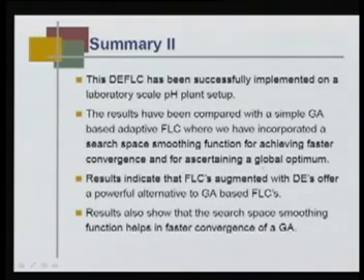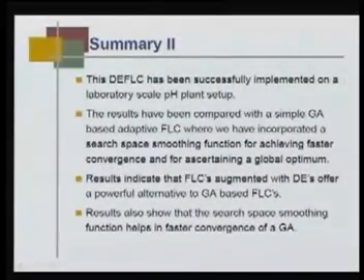You see that today DE is compared with SGA, but SGA has been augmented with search space smoothing. Still DE is better than SGA. Results indicate that FLCs augmented with DE offer a powerful alternative to GA based FLCs. Results also show that the search space smoothing function results in faster convergence of a GA.